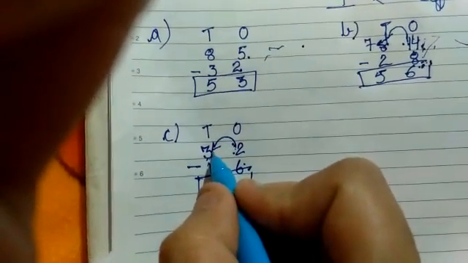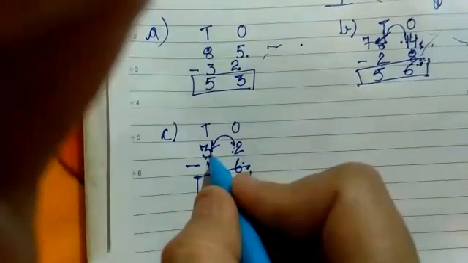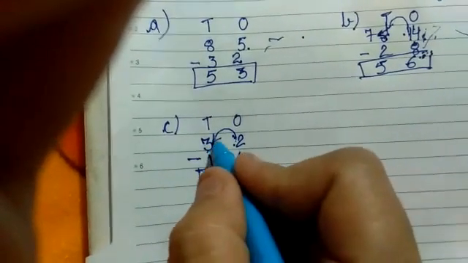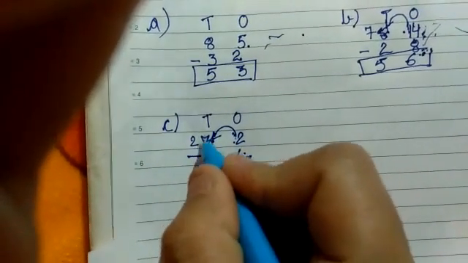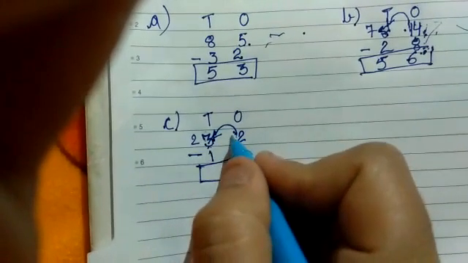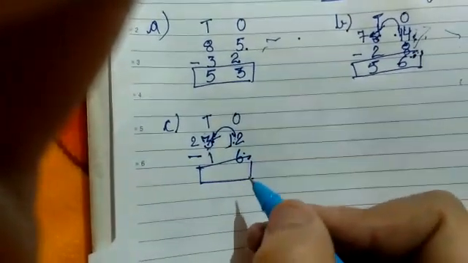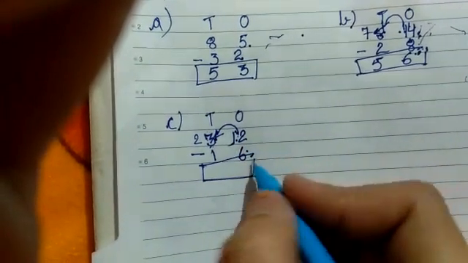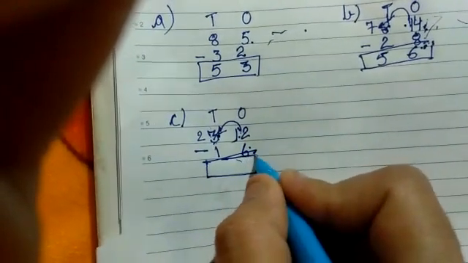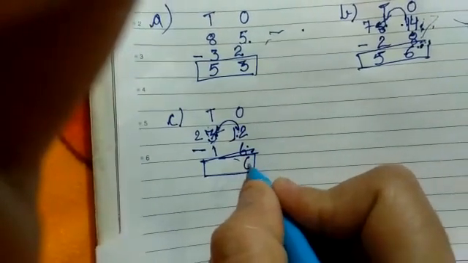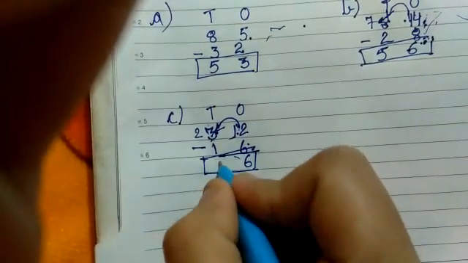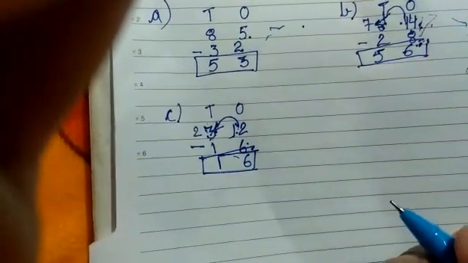Can you give me tens? So it can give. So the 3 will become 2 and 3 will give tens to them. So 2 will become 12. Now we can easily subtract from 12. 6 can be subtracted, so the answer will be 6. Now 2 minus 1, 1. So 16 is the answer.